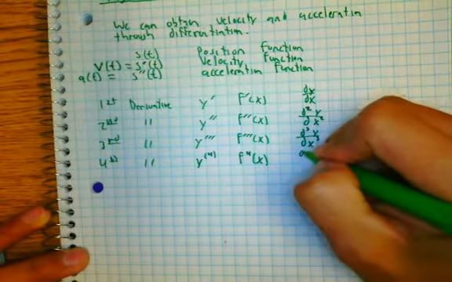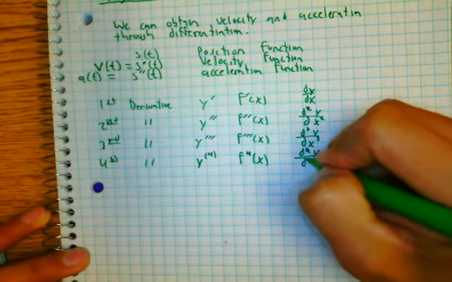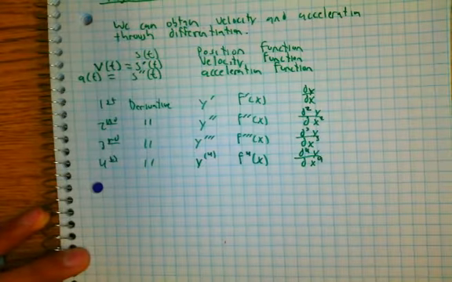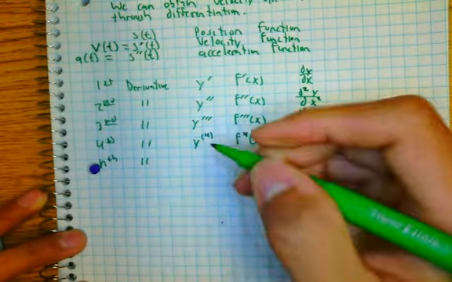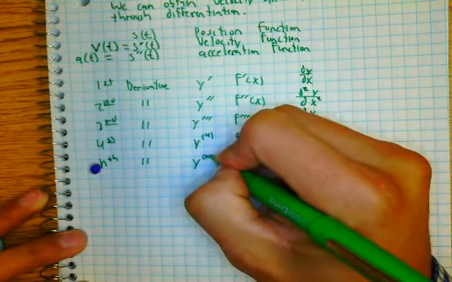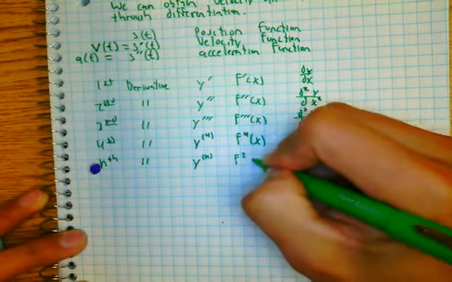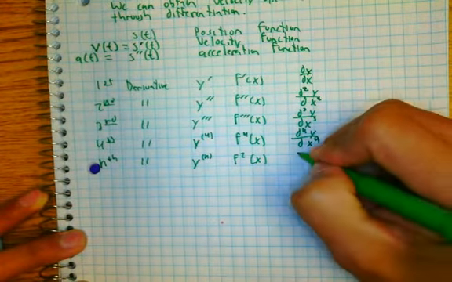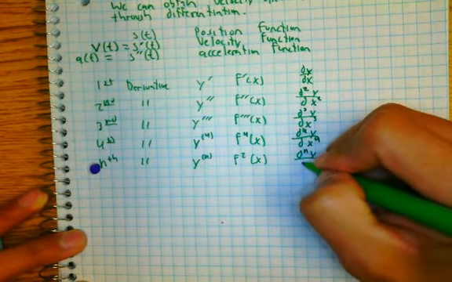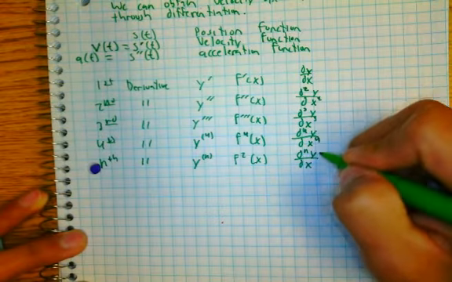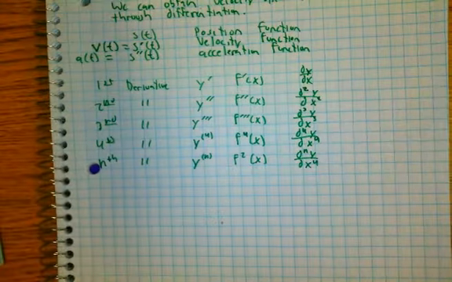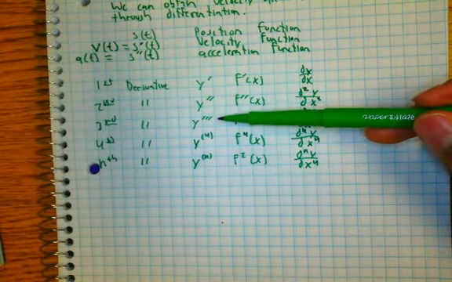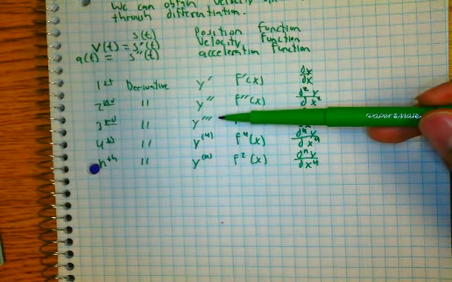So for example, if you see this on a problem and it's dealing with position, velocity, and acceleration, then you know right away that the second derivative is the acceleration. If it was the first derivative, then you would be dealing with the velocity. So this is just the notation that you're going to run into.